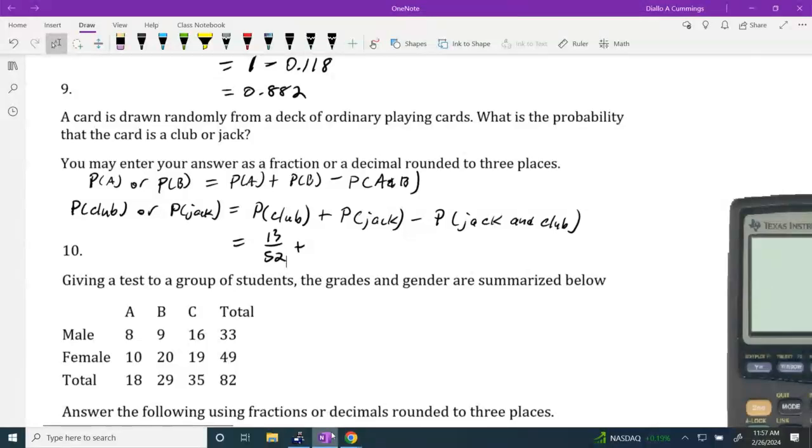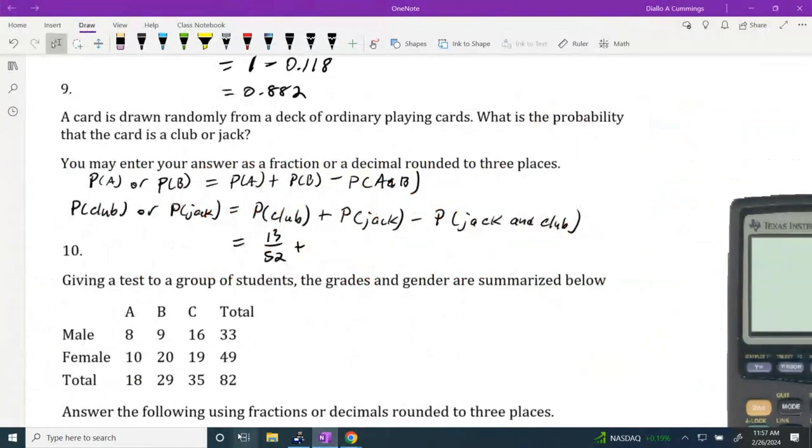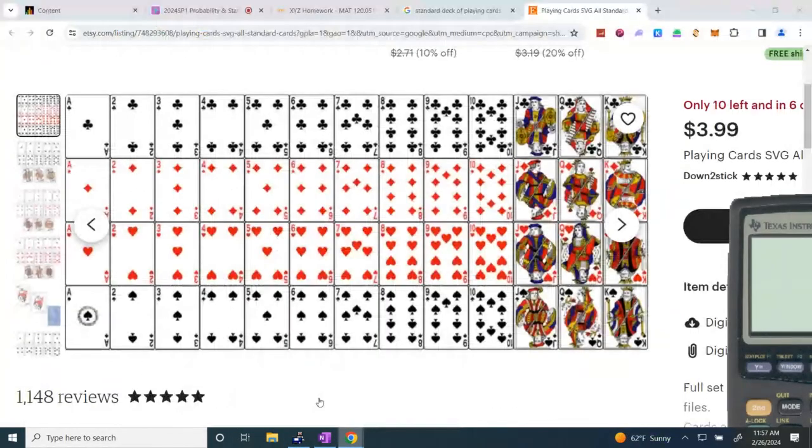Plus, what is the probability of choosing a jack? Right, there's 4 jacks, 52 cards. So plus 4 out of 52, minus, what's the probability of choosing a jack of clubs? 1, right? So that probability is 1 out of 52.